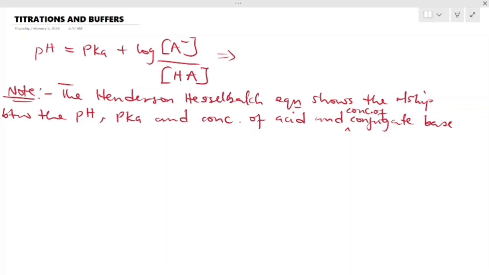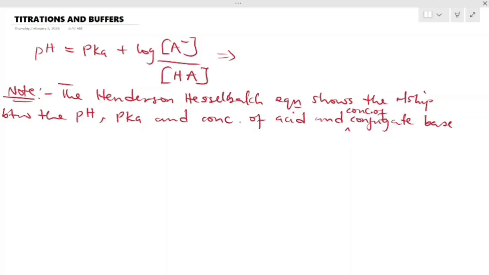All right, so the hydrogen ion concentration, the Ka, the conjugate base concentration, which is A minus, and the acid concentration, they are all present in this equation.